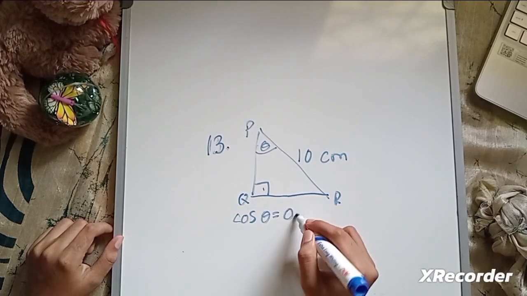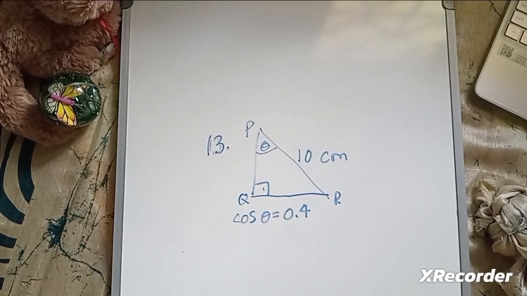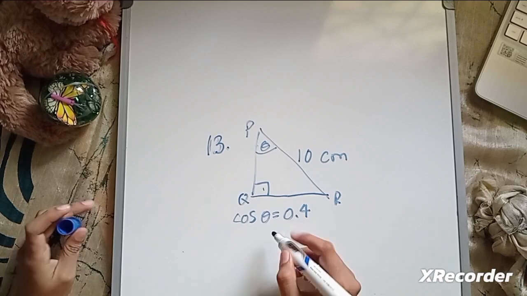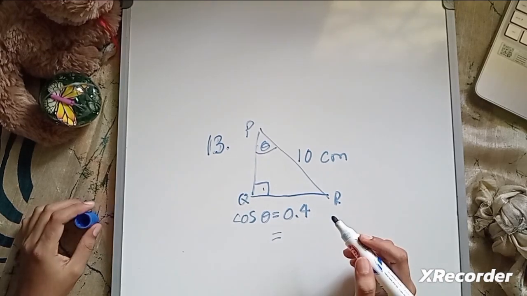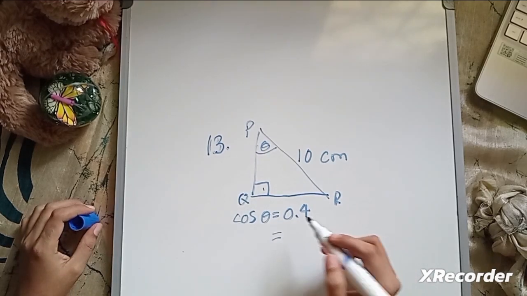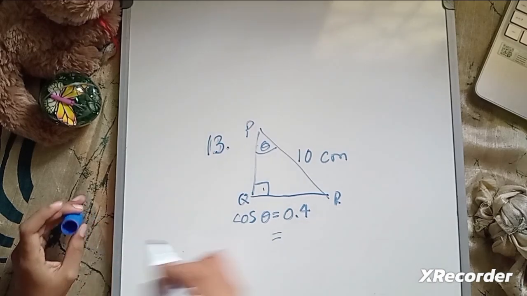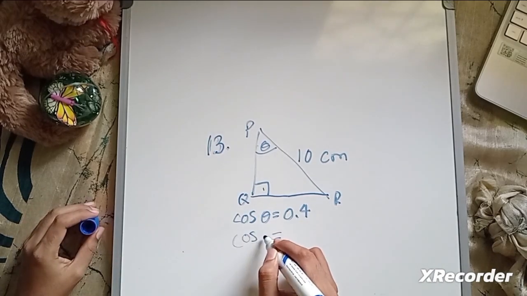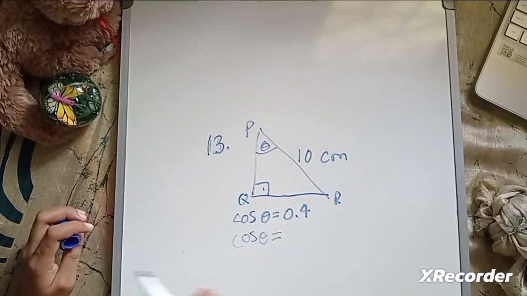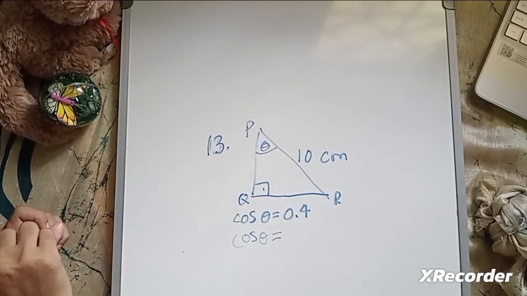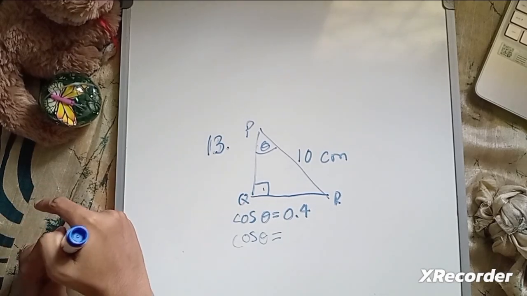The value of cos theta is 0.4. Then find the length of the side PQ of the triangle PQR according to the given measurements. So we can write cos theta as, okay, write the cos value. So what is the equation?